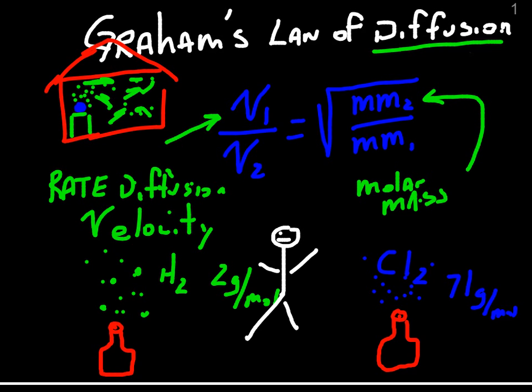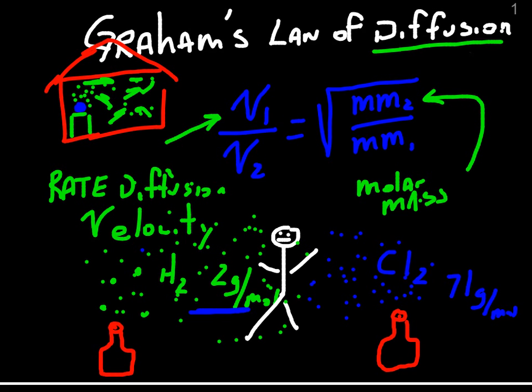Since the hydrogen is so much lighter, 2 grams per mole, it will diffuse faster. So I will get inundated with a whole bunch of hydrogen gas before I start smelling the chlorine gas, which is pretty good for me because the chlorine gas is really toxic. I'm not sure hydrogen has a smell, but anyway, the lighter the gas molecule, the faster it's going to diffuse.